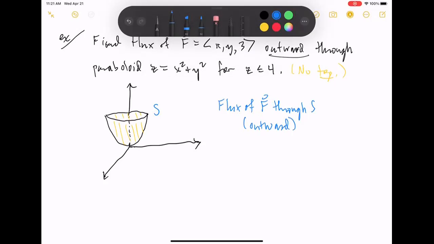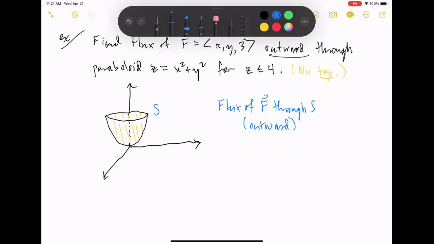Okay. So what does that mean about our normals? Stare at that picture for a minute. Do I want downward normals or upward normals? Think about it for a second. If I want to go out through this thing, that will imply something about the perpendicular vectors that we use. Will the perpendicular vectors have negative z coordinates or positive z coordinates?